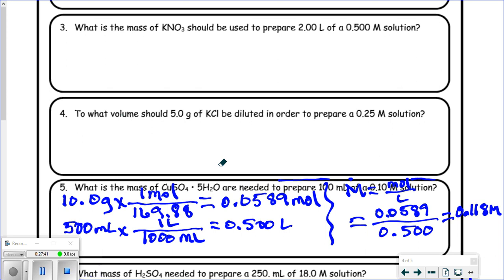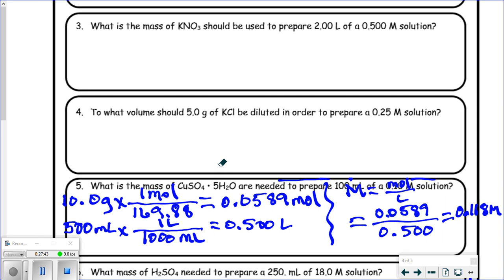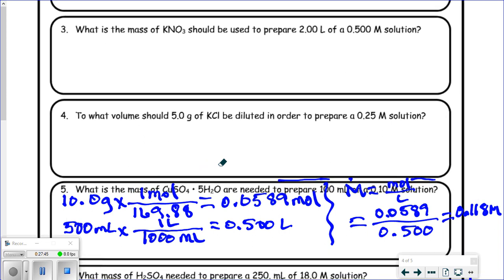This time it's asking for mass. What mass of potassium nitrate to get 2 liters of a 0.500 big M solution? This time they're giving me molarity, but I need to get the mass.